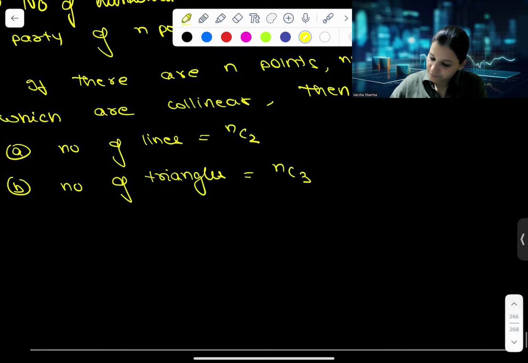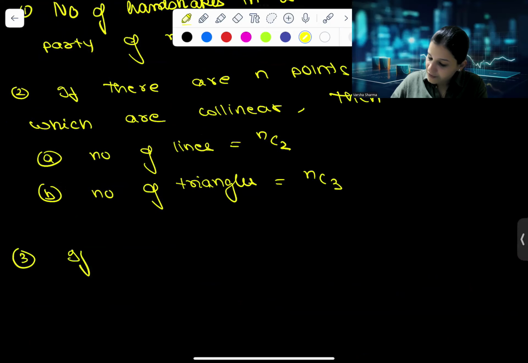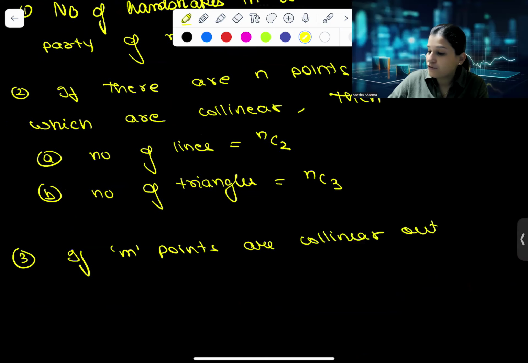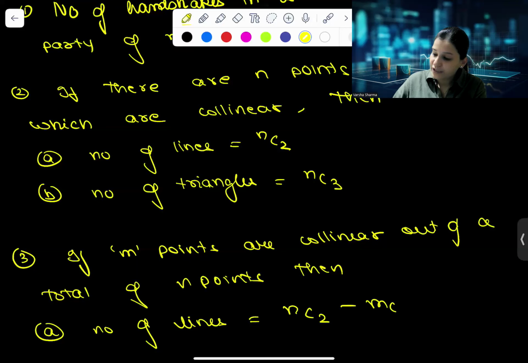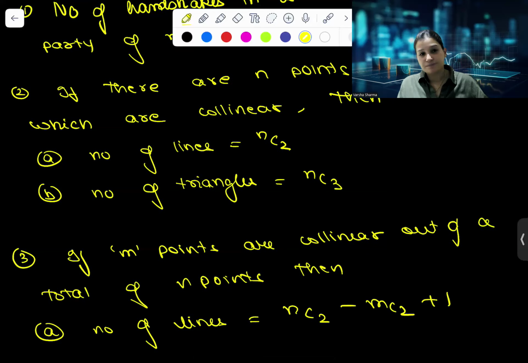So here, if m points are collinear out of a total of n points, then the number of lines would be total minus the collinear plus 1 for all of them.